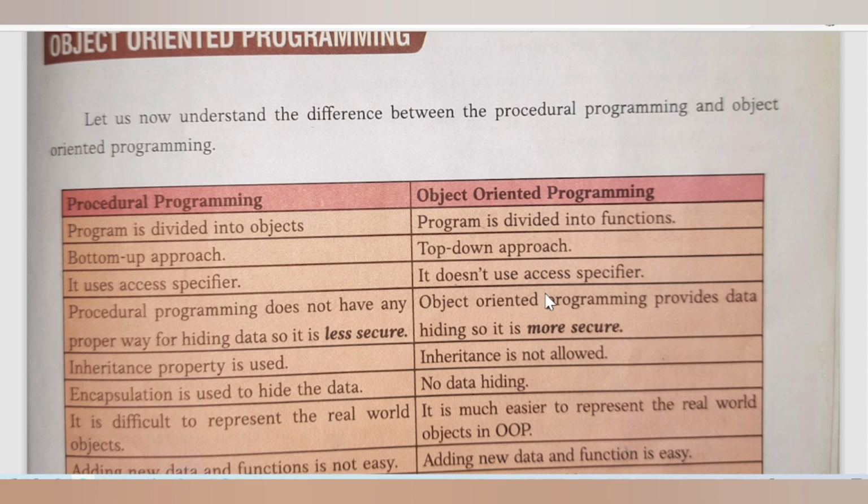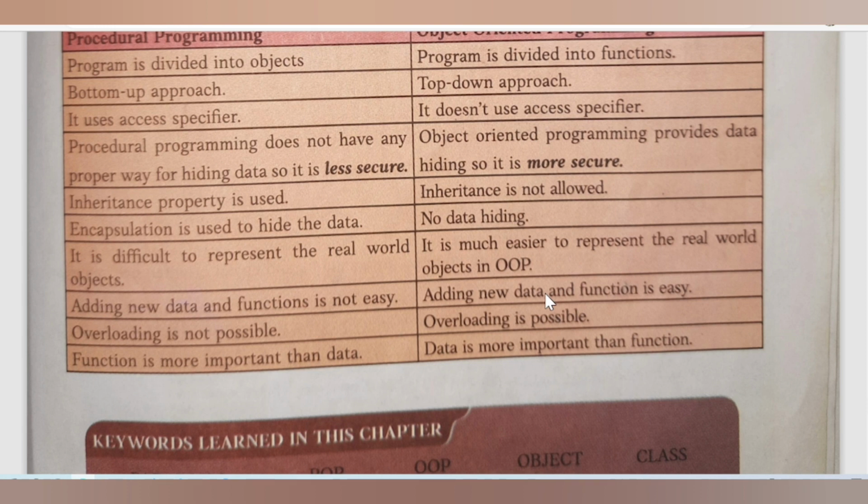Inheritance means to inherit the properties of another class. In procedure oriented, it's very difficult to represent a real life object. In object oriented, we can easily represent a real life thing as an object. Adding new data and functions is not easy in procedure oriented, but in object oriented we can easily add new data or functions.